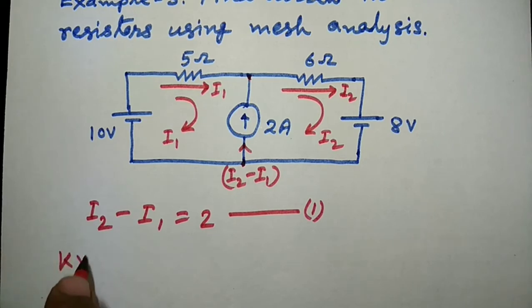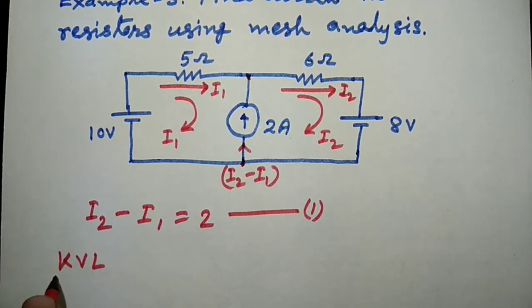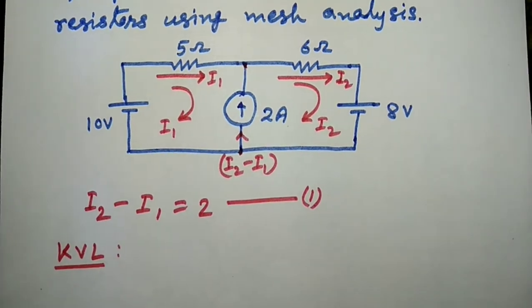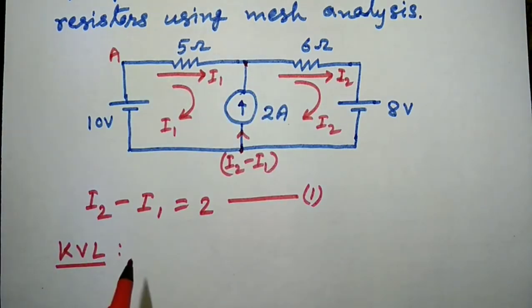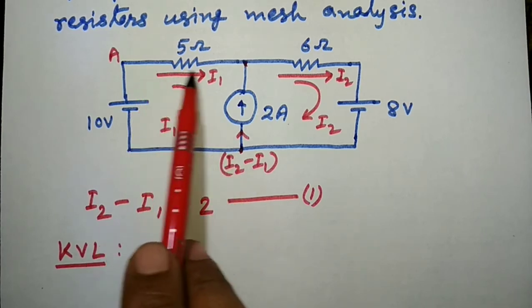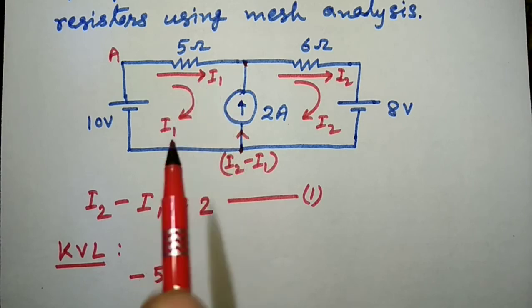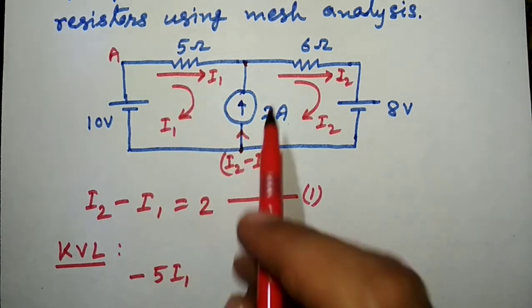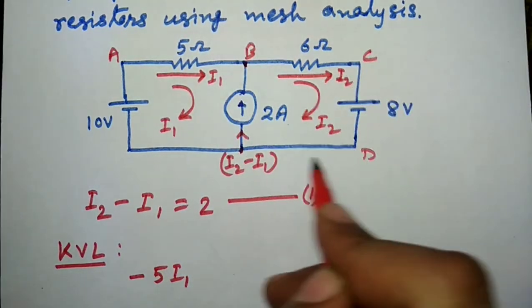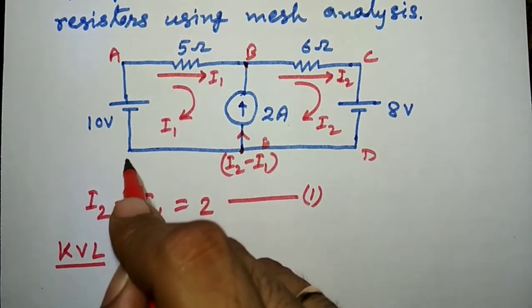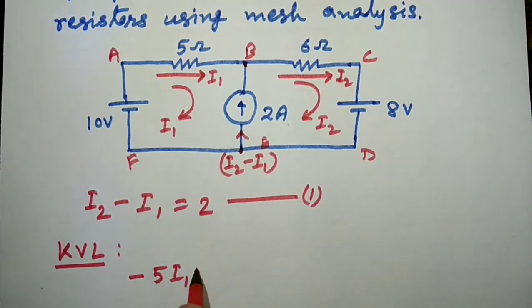Now we will apply the KVL in the entire circuit, starting from, let's say, junction A. From junction A, it will be minus 5I1 in the direction of the current. Voltage will be lost, so it will be minus. From point B to point C, again it is in the direction, so it will be minus 6I2.